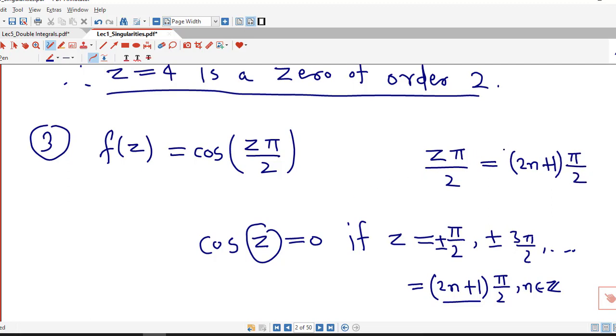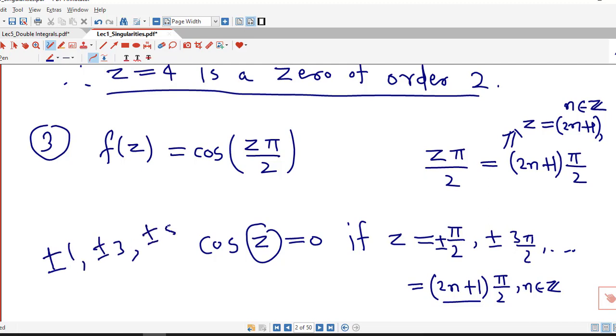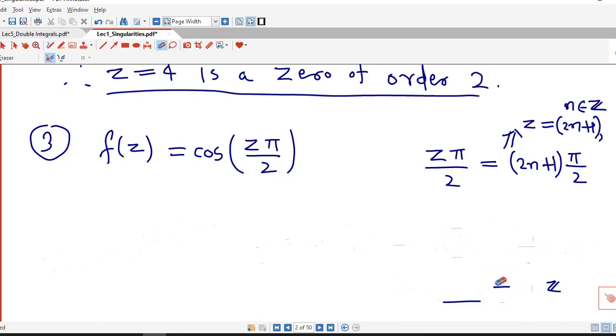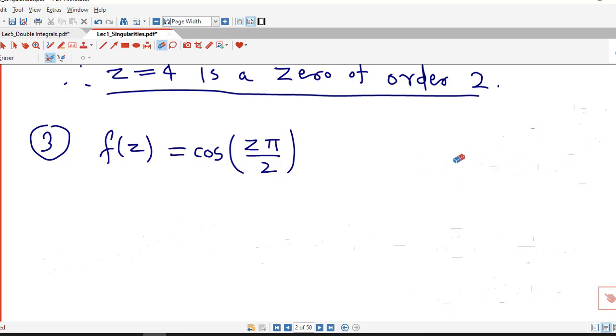So we can see if we simplify this, pi by 2 will cancel out and we have z equal to 2n plus 1 where n belongs to Z. So that means plus or minus 1, plus or minus 3, plus or minus 5 all are zeros of this function. So there are an infinite number of zeros for this trigonometric cosine function in terms of a complex variable.